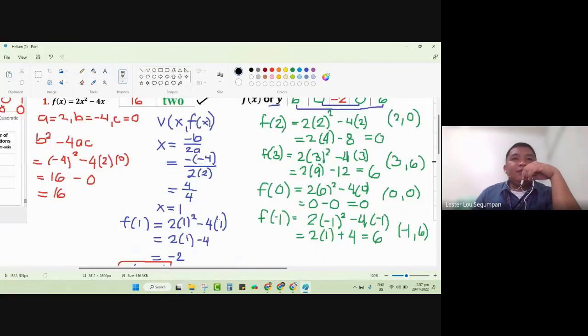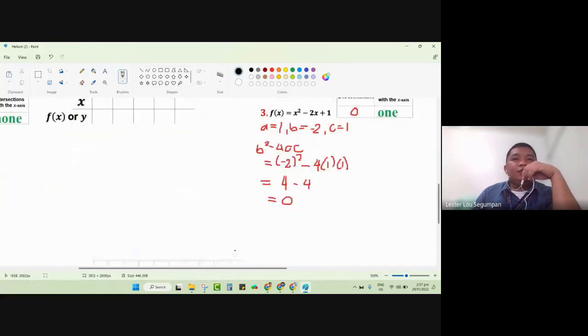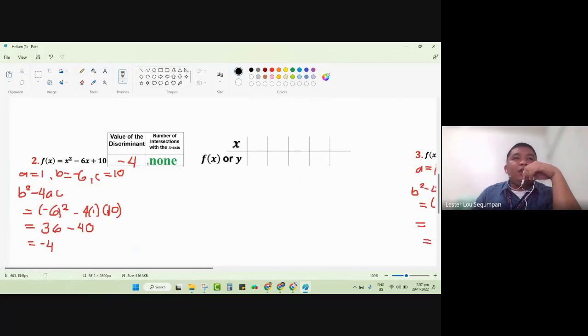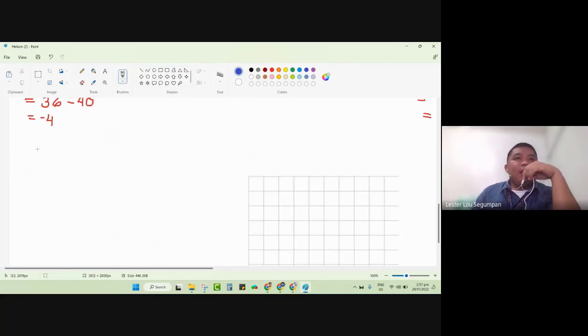Let us proceed to number 2 and determine if the graph of this will not intersect the x-axis, as the value of the discriminant is negative. Still, we start with our vertex, which is given as negative b over 2a.